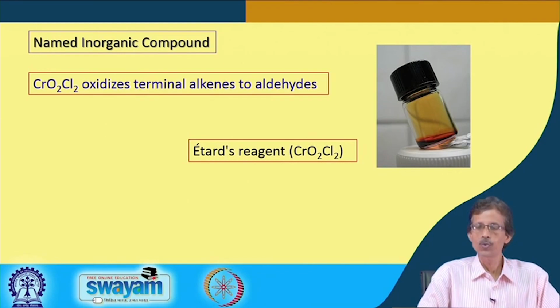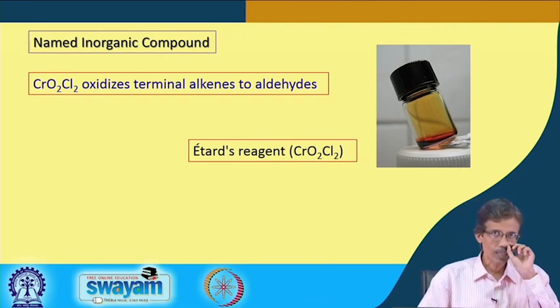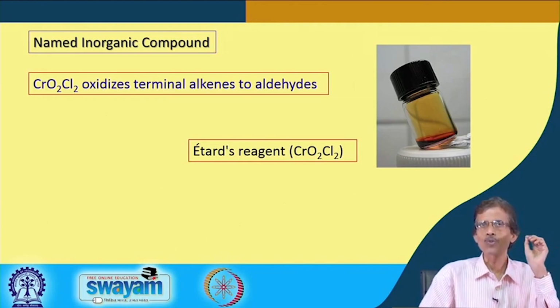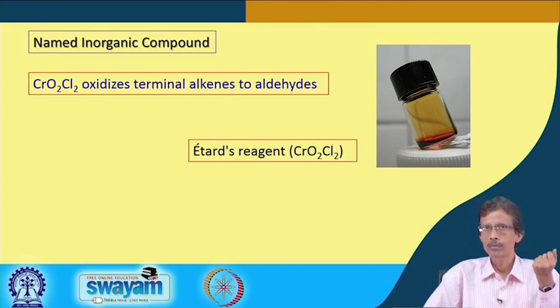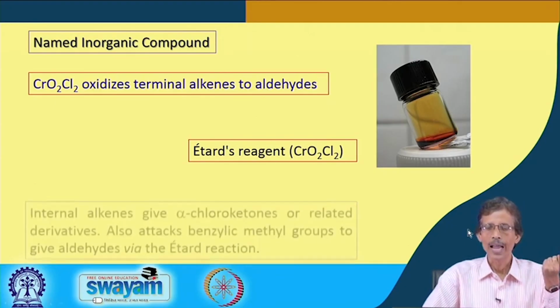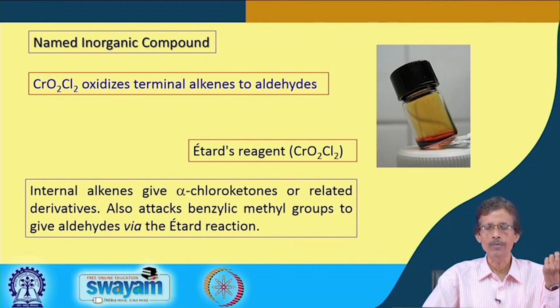When he used this for a useful purpose, it became known as the Etard reagent. Naming it also remembers that person, but we should not forget the composition of this material is very simple, a test for chloride ion: the chromyl chloride formation, the red fume formation, and we should know the corresponding molecule very well.